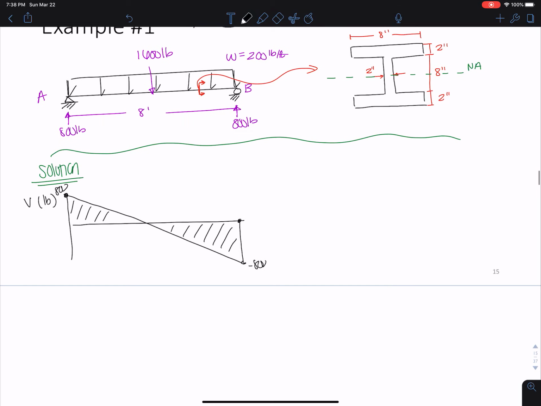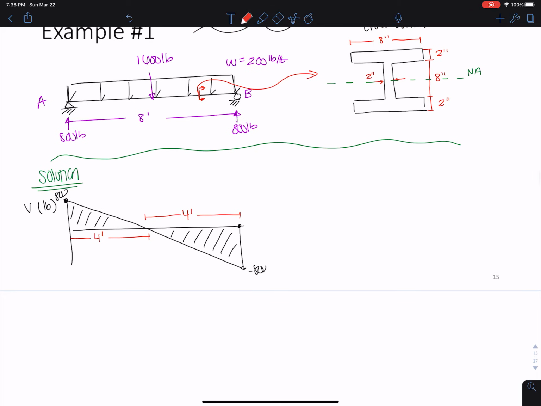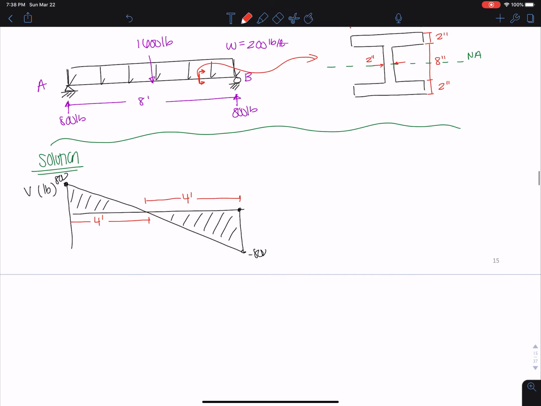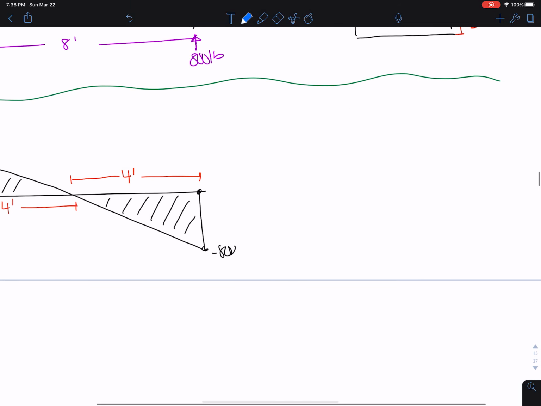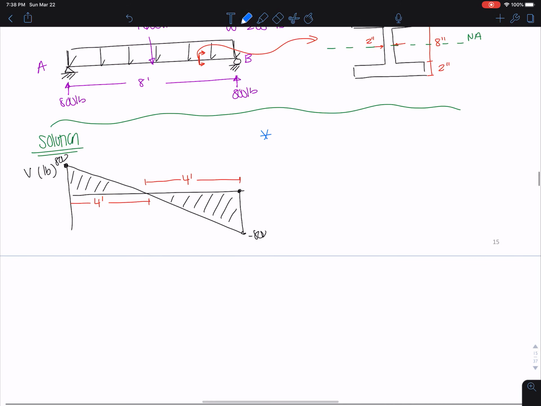And this is our shear diagram. And since everything here is nice, symmetric, and easy, this is 4 feet. So we see some interesting takeaways here that we kind of already knew. We see that our max V is at the supports. That's the first thing that we needed to figure out.